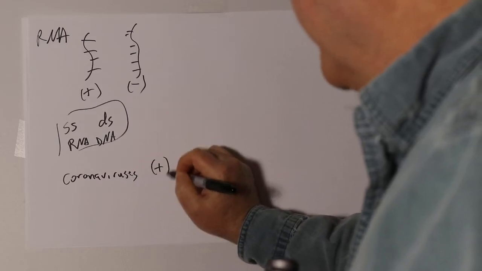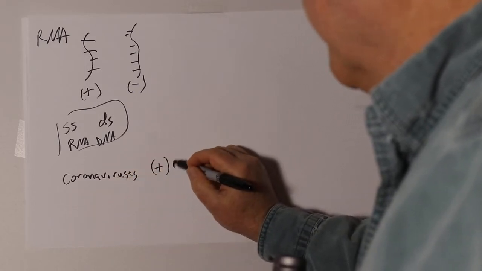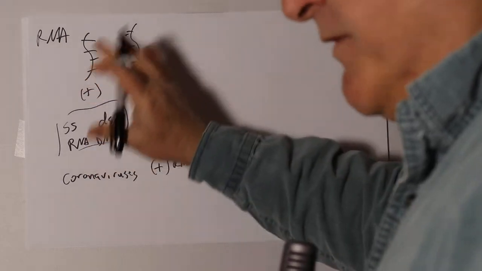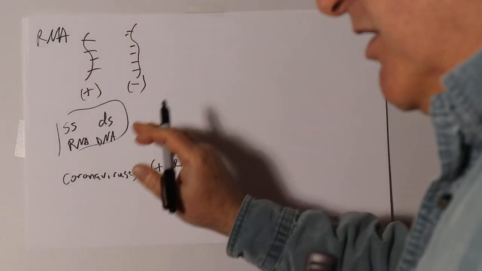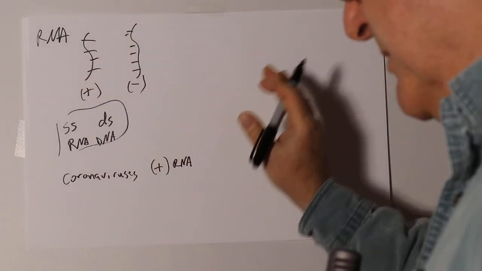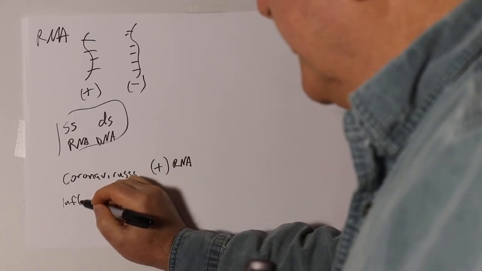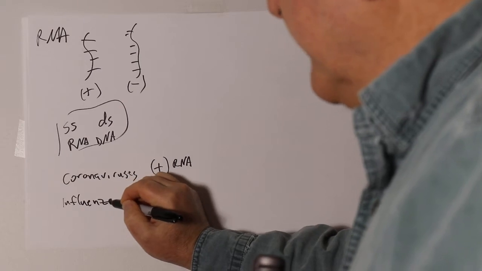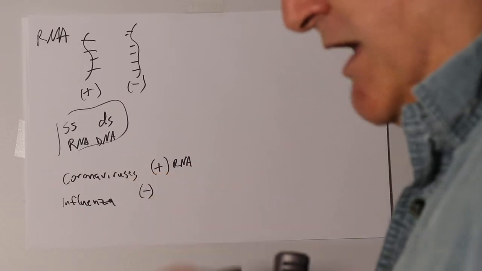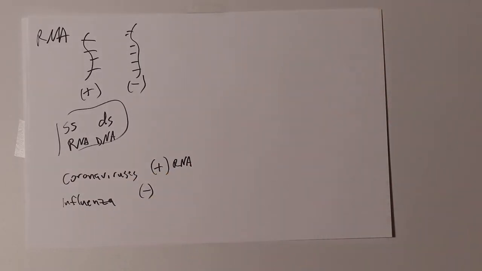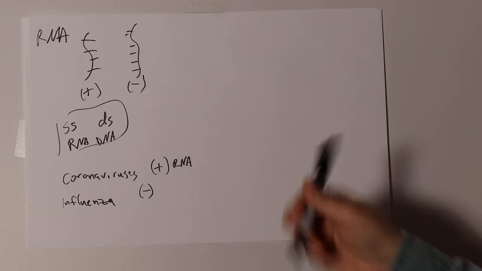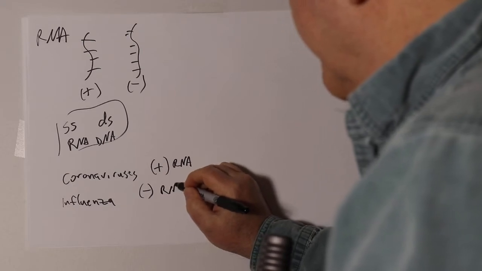are positive strand RNA viruses. And of the many, many RNA viruses that are around, like measles and rabies and cold viruses, the influenza viruses, specifically the real influenza viruses, the things which cause actual flu, as opposed to cold viruses that we sometimes might say, I've got the flu, but it's actually just a cold, those are negative strand RNA viruses.